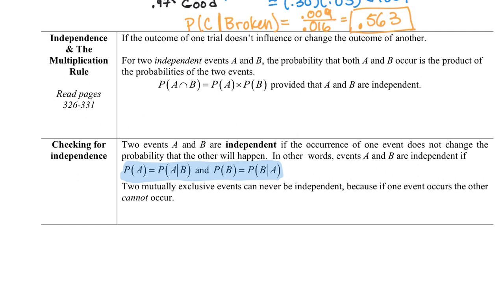We'll use those rules in just a moment. The one last thing to keep in mind is when you have two mutually exclusive events, they can never be independent, because if one event happens, then automatically the other event cannot.